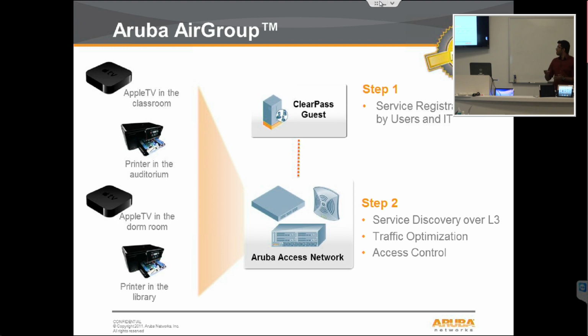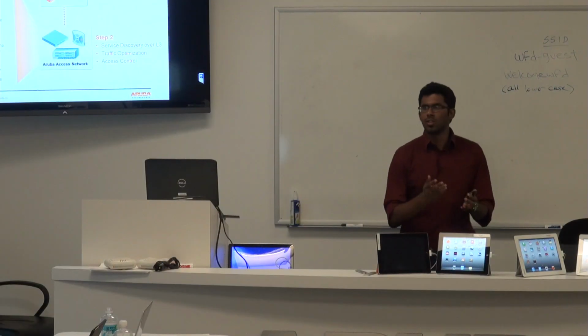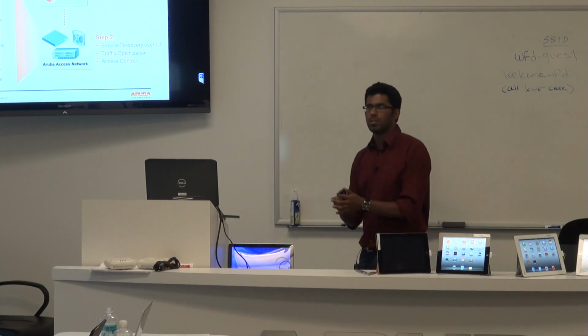Now that we have made mDNS work across multiple VLANs, the next problem is that in a medium-sized or large campus, you're going to get a huge list of Apple TVs and printers that you have to choose and print from. So why does a user have to spend so much time going over the list of devices that he does not care about? That is the whole idea.